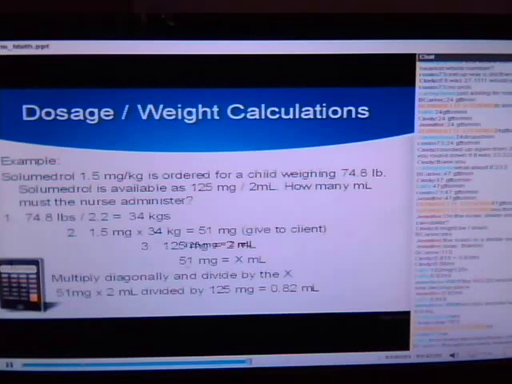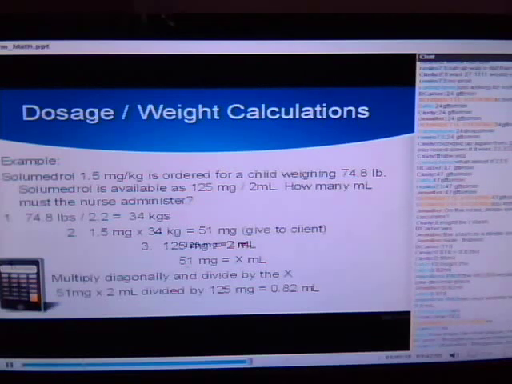B, I'm using what's on the board as an example. You are correct. If the answer was 0.852, 0.8623 or something like that, then it would be 0.9. And I have a question we're going to go over that's exactly like the one you're asking.